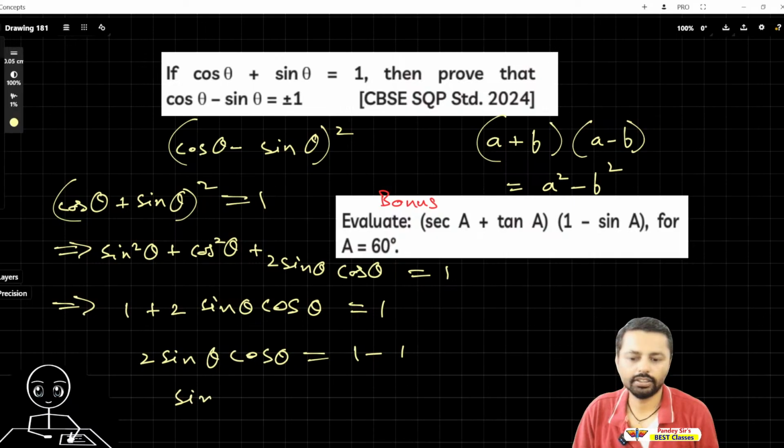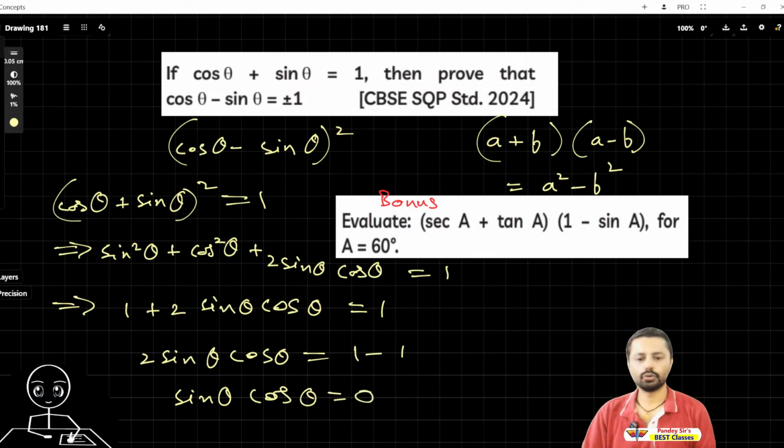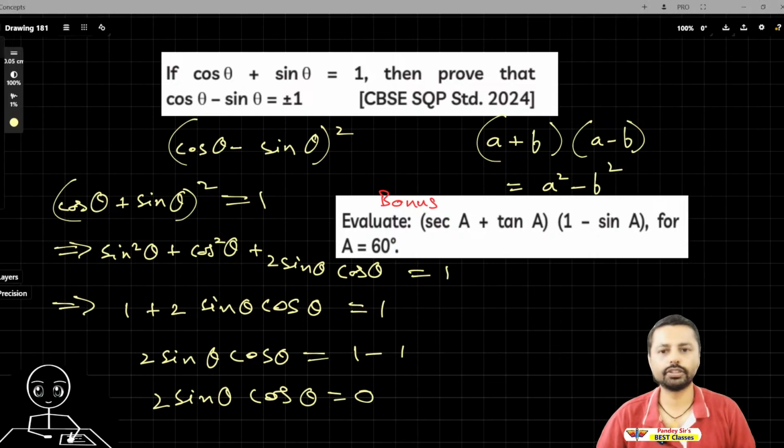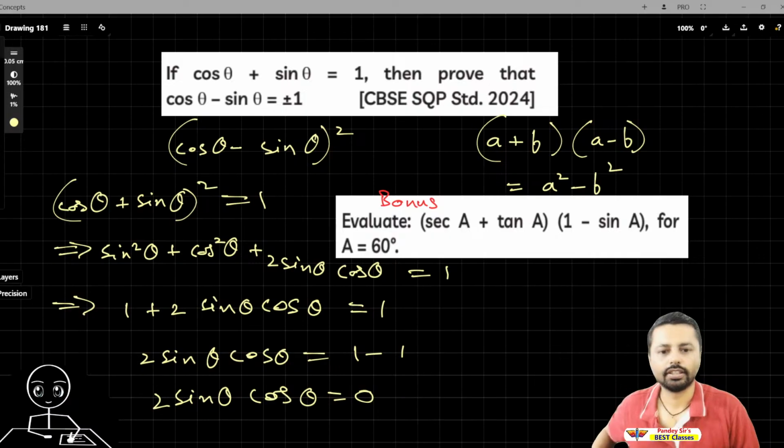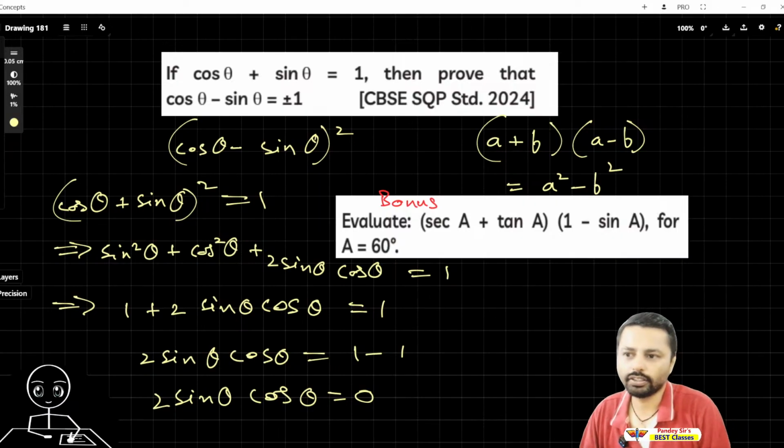So 2 sin theta cos theta will be 0 and sin theta cos theta also will be 0. Now it seems it's working. Now if we square both sides, like cos theta minus sin theta also, we have to prove this one. So it seems this way it will work.